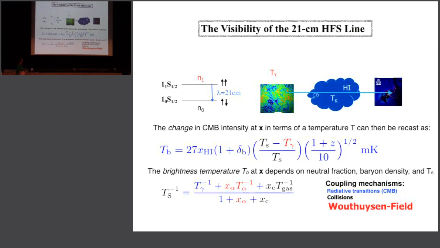So the fact that the CMB can interact with this transition suggests that there is a coupling between the CMB temperature and the relative population of these two levels. Similarly, if we have hydrogen atoms colliding, these collisions can induce changes in the level populations of these two species. This will drive the spin temperature to the gas temperature. And this is just collisions.